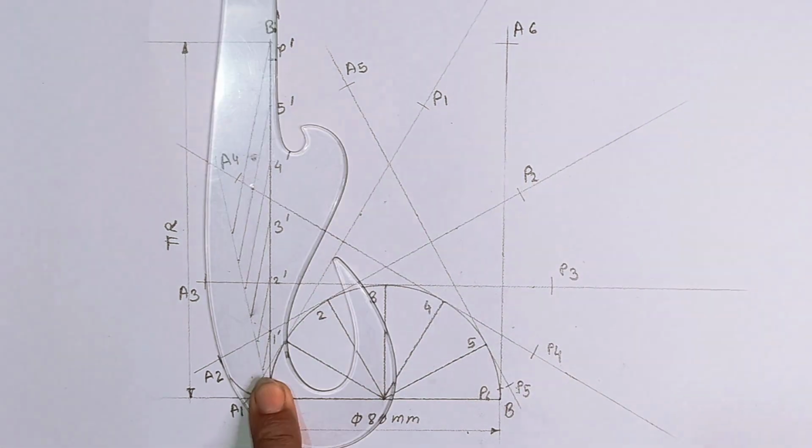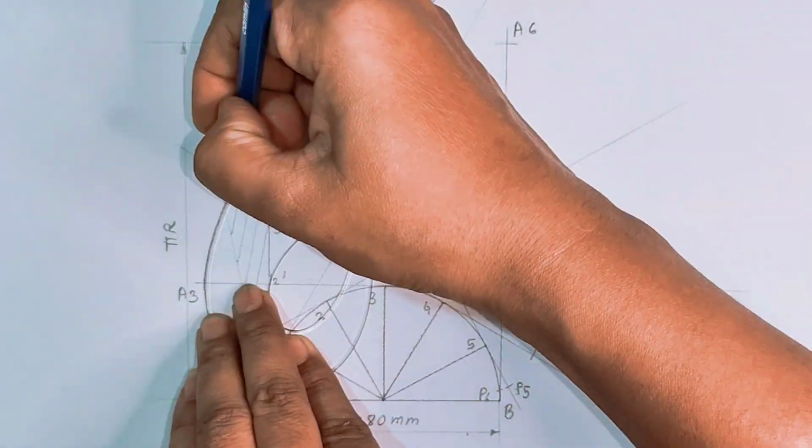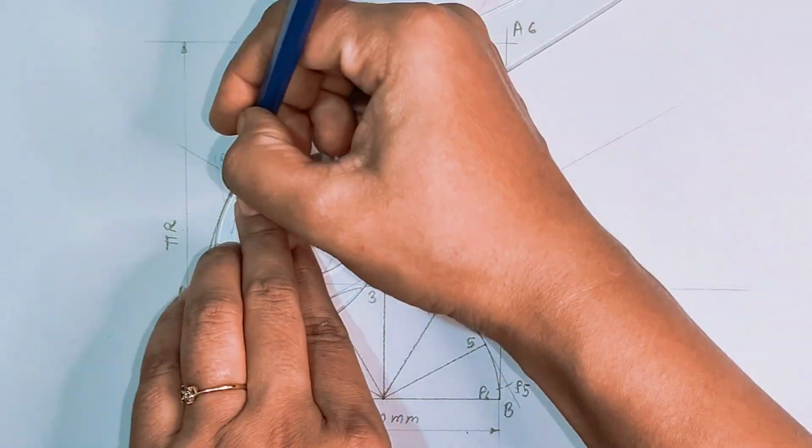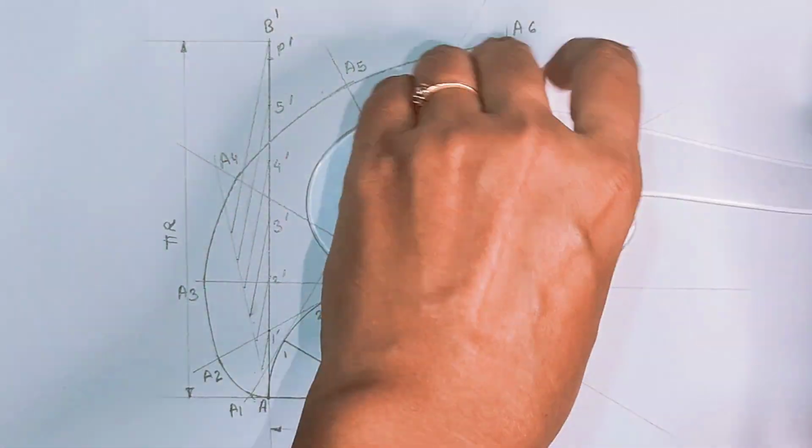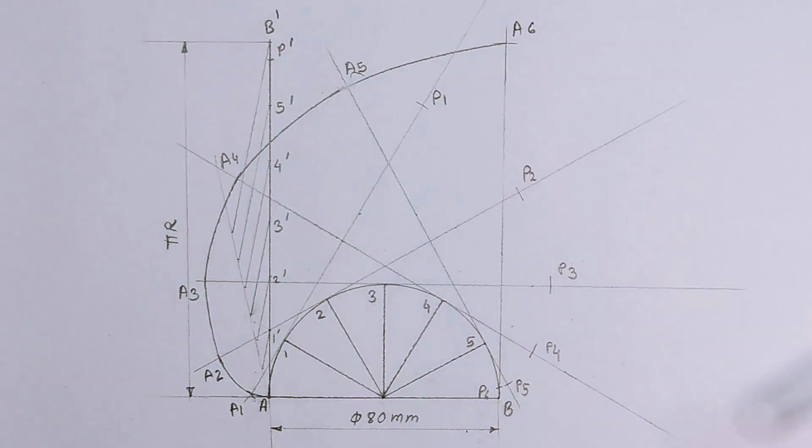So there are two smooth curves, from A1, A2 up to A6 and P1, P2 up to P6. Draw smooth curves through the points in sequence.